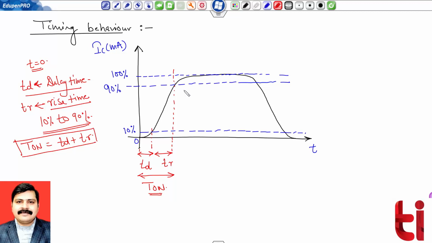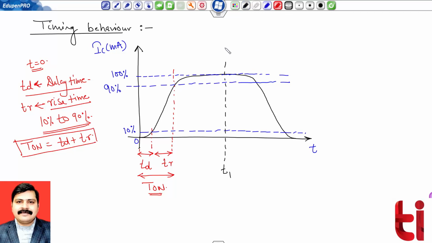And suppose I'm having another transition. This is my time period T1 at which it starts the action of taking my transistor from the on state to the off state.